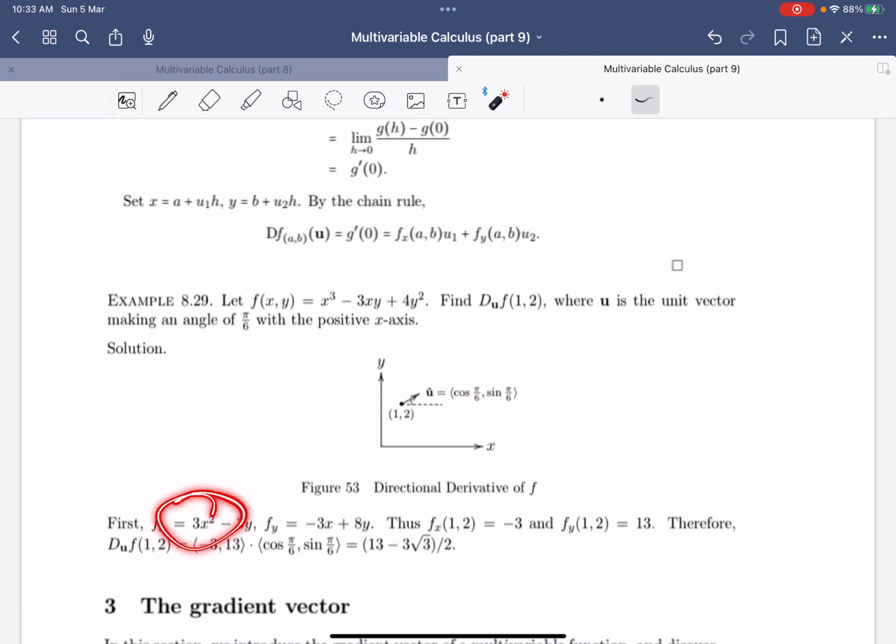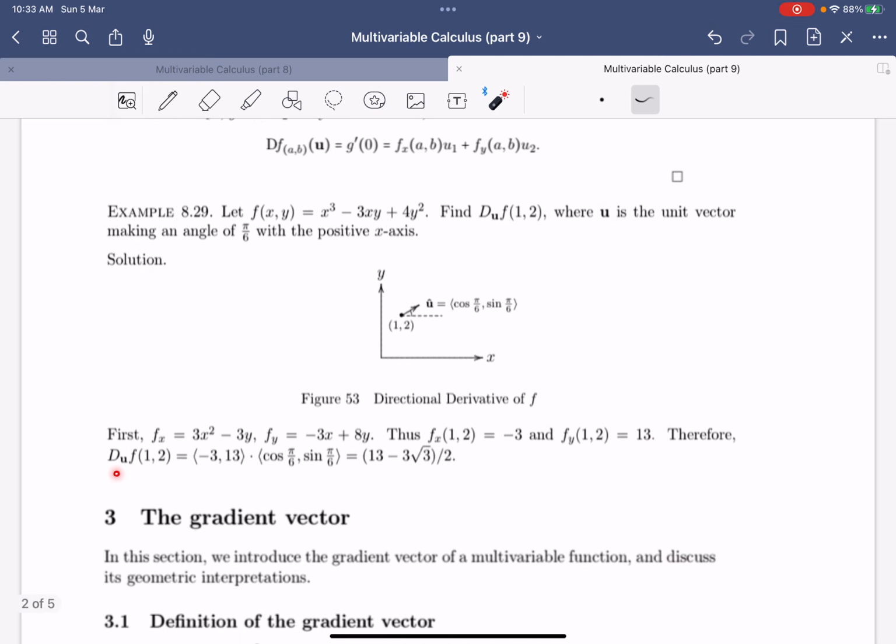The partial x will be this, and the partial y will be minus 3x plus 8y. You just take the partial operators on f, and evaluated at (1, 2) they are minus 3 and 13 respectively. Therefore, the directional derivative at (1, 2) will be (minus 3, 13) dot (cosine pi over 6, sine pi over 6), and you get this result.